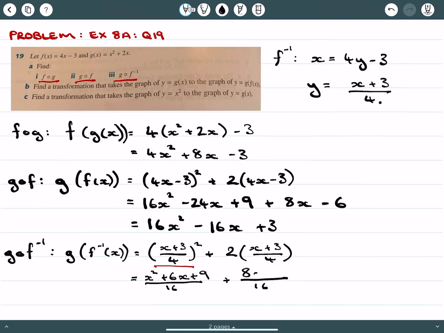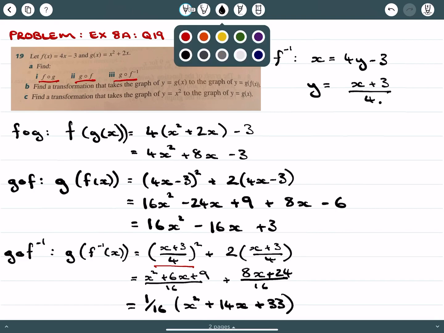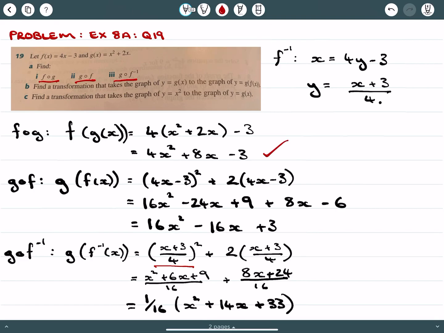And what I would get here is 8x plus 24. Now, when I come to resolving this function, what I get is 1/16 (x squared plus 14x plus 33). And this is correct. So checking in the back of the book, all of these are correct.